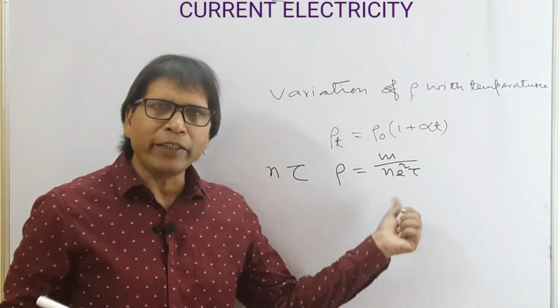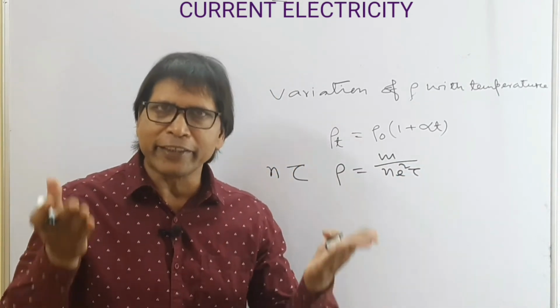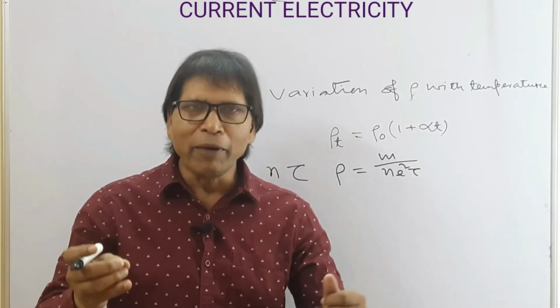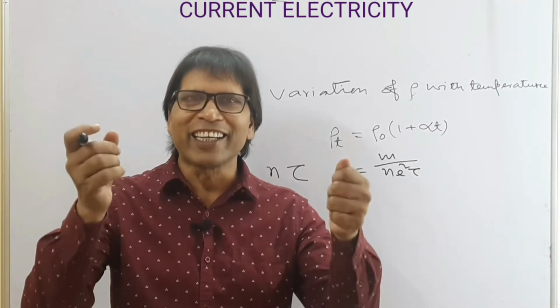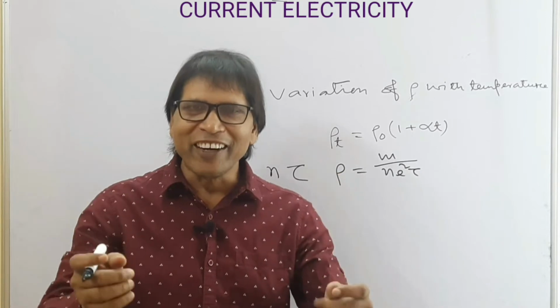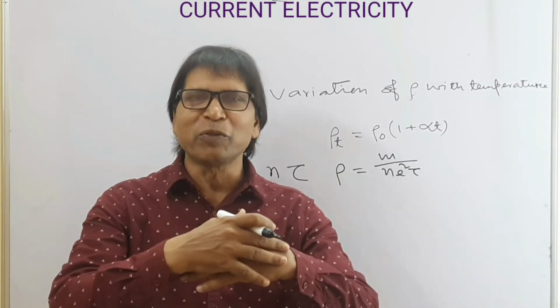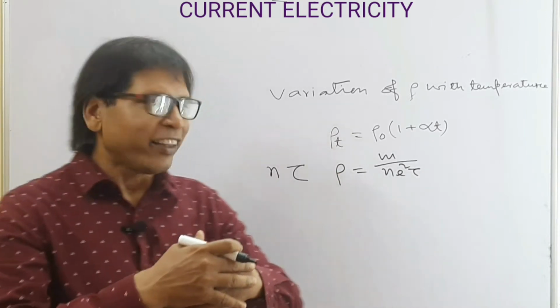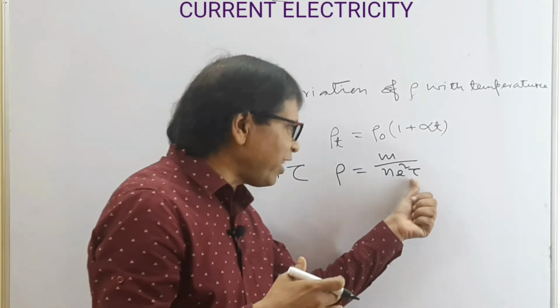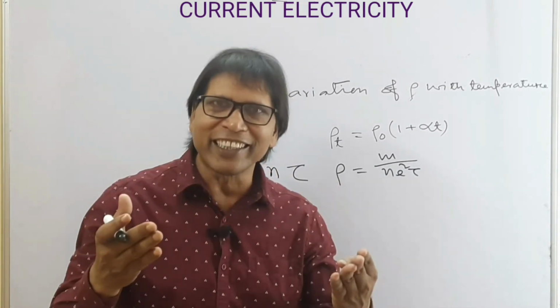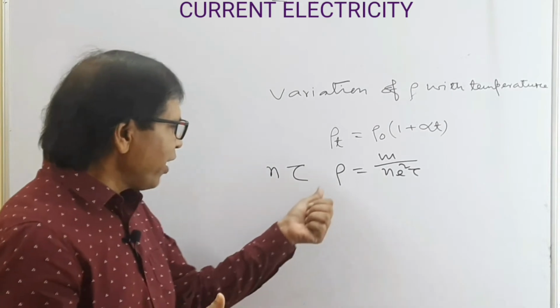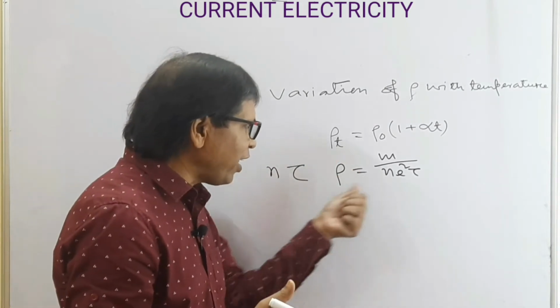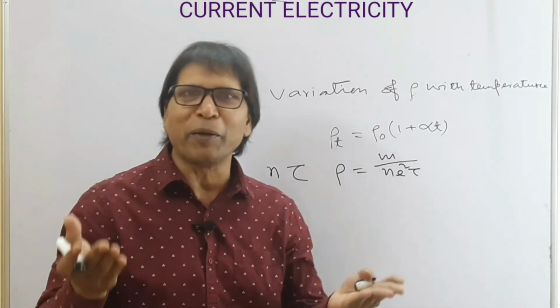If the temperature of the material increases, then the thermal motion of the electrons increases. So electrons have more frequent collisions with each other. Therefore, the relaxation time tau decreases. That is why the resistivity of a metal increases with rise of temperature.